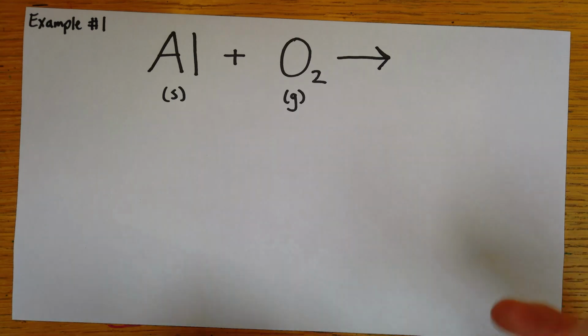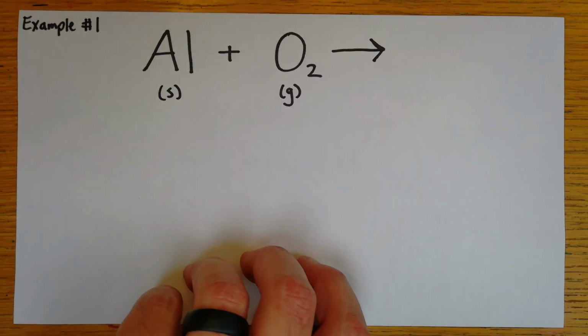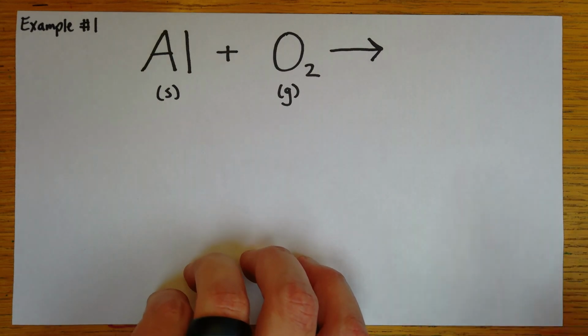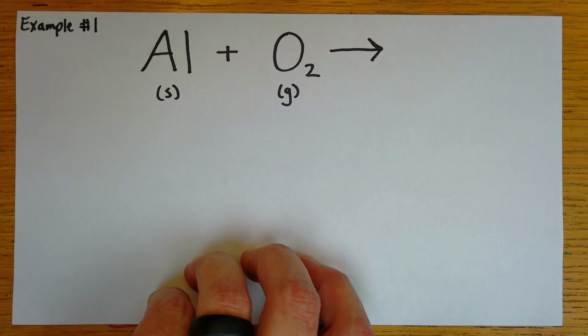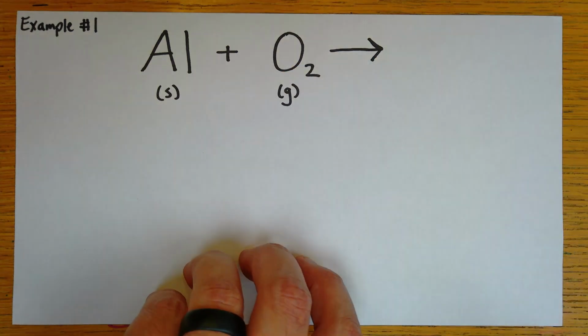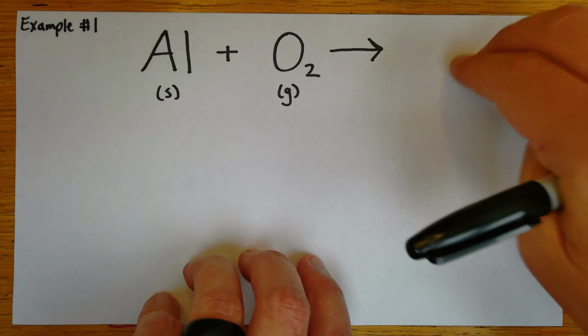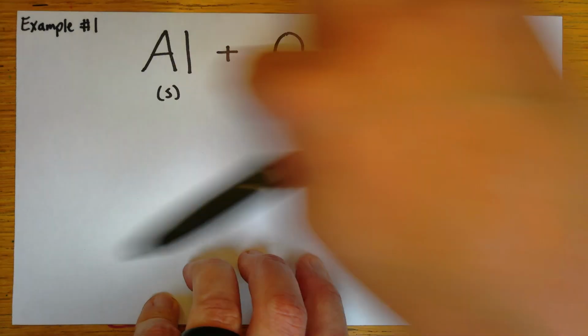So this is our first example today, example 1. A common thing to do is they'll give you a metal and nonmetal, like we said earlier. In this reaction, they already wrote out the reactants, so they're leaving it to us to predict the products and then to balance the equation.